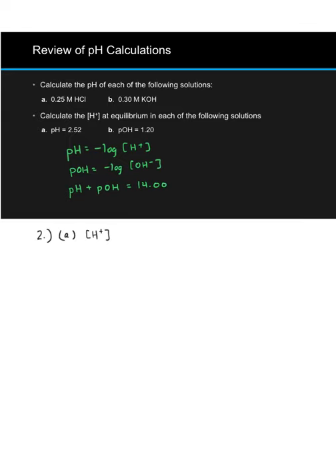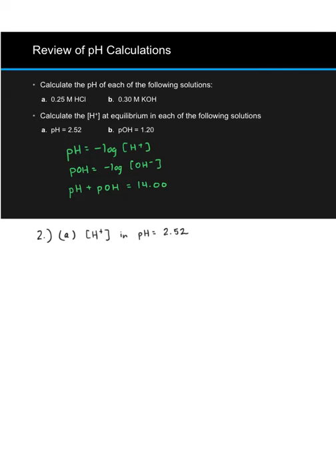The concentration of H+ in solutions with given pH or pOH. In part A, we want to know the concentration of H+ cations in a solution whose pH is 2.52. For this purpose, we can directly determine H+ concentration from the first equation that we have up above. pH is equal to the negative log of H+ cations, just like we did on the previous slide.